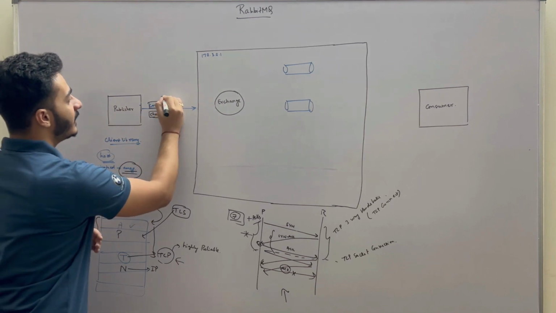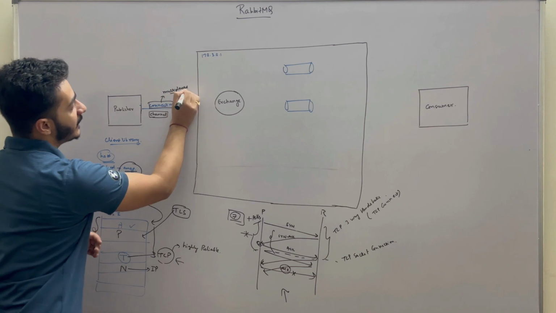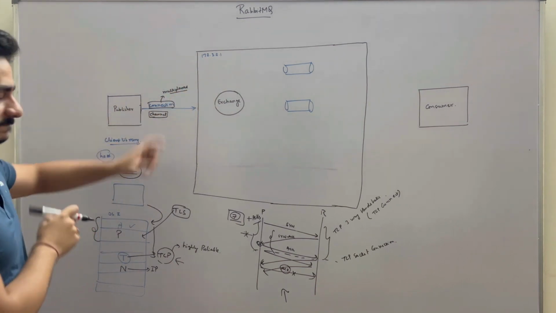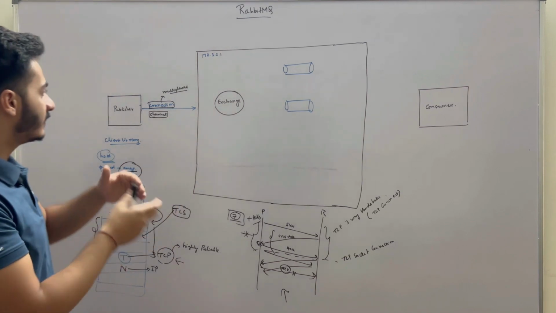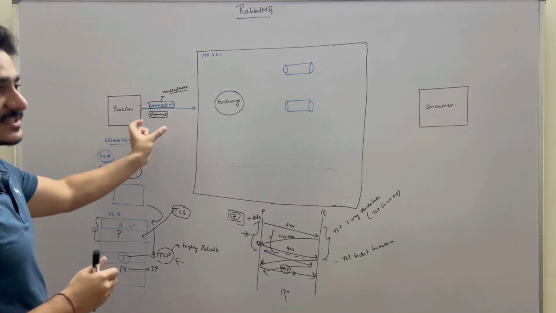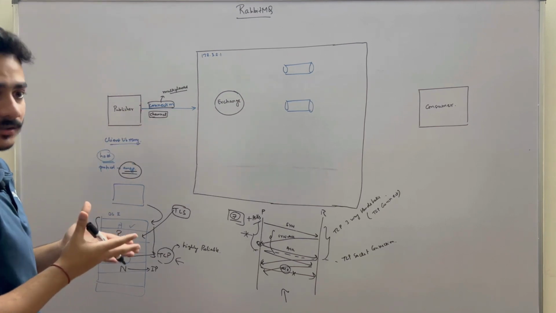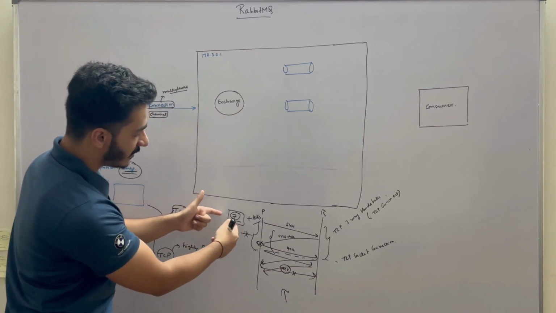So this connection can be multiplexed, and you can create various channels using this connection, so that you can communicate with RabbitMQ concurrently using various channels.